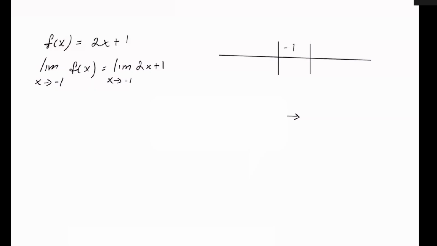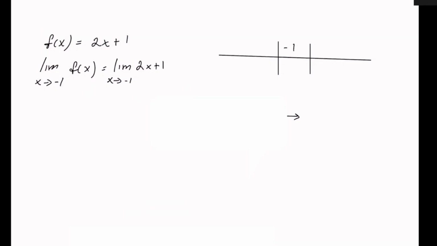And from the right side, if I move closer to -1, the values right here will be smaller in magnitude, but also with the negative sign. So a value close to -1 would be -0.99. And if I move closer, that's going to be -0.999, and so on and so forth.